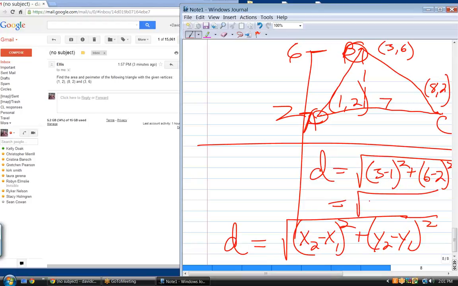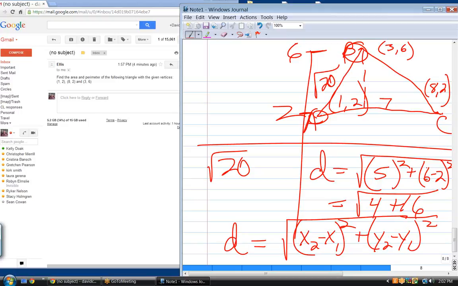So that's 2 squared, 4. That's 4 squared, 16. So it'd be 20. Square root of 20 is this side. Now let's do the same thing for the distance from B to C. So it'd be 8 minus 3, so 5, and then negative 4.